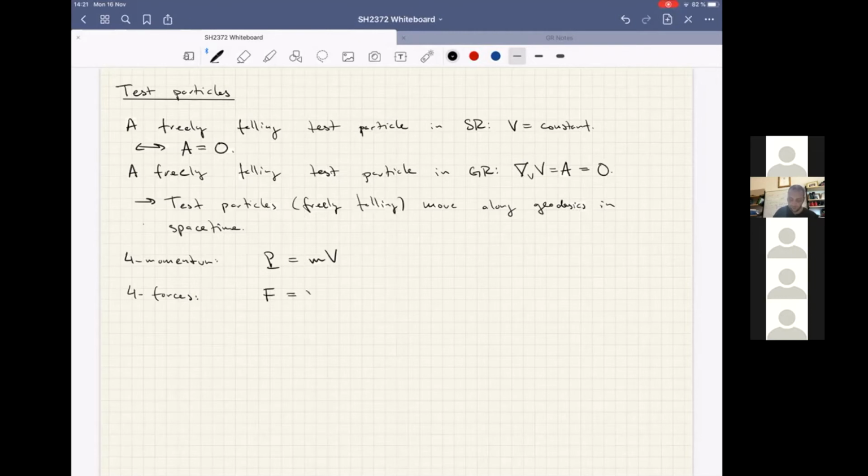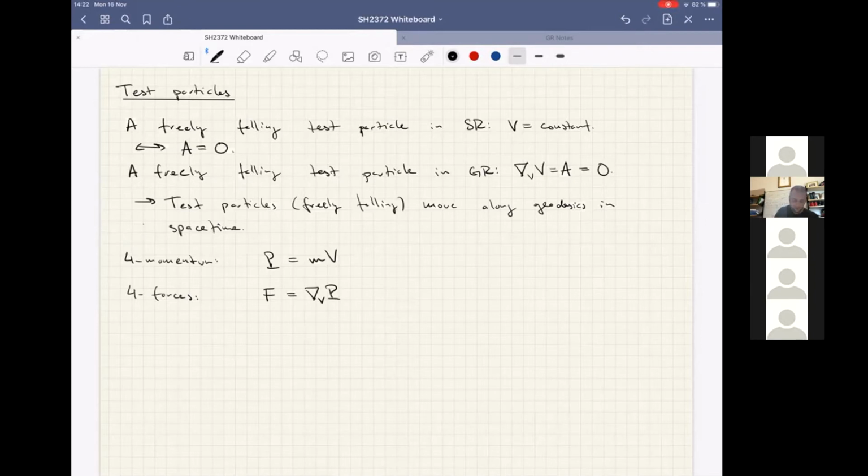So we would have to use the connection, and differentiating with respect to proper time is the same thing as differentiating in the direction of the force velocity. So we would define the force as the derivative in the direction of the force velocity of the force momentum.